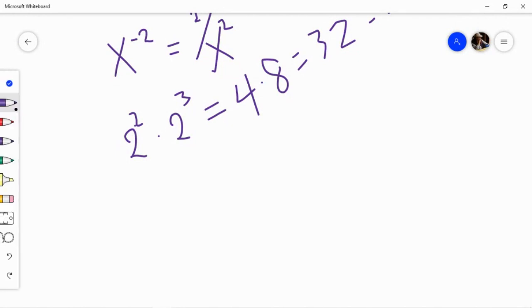And then another example. Now, power of the power rule. So let's try 2 squared raised to the 3rd power.